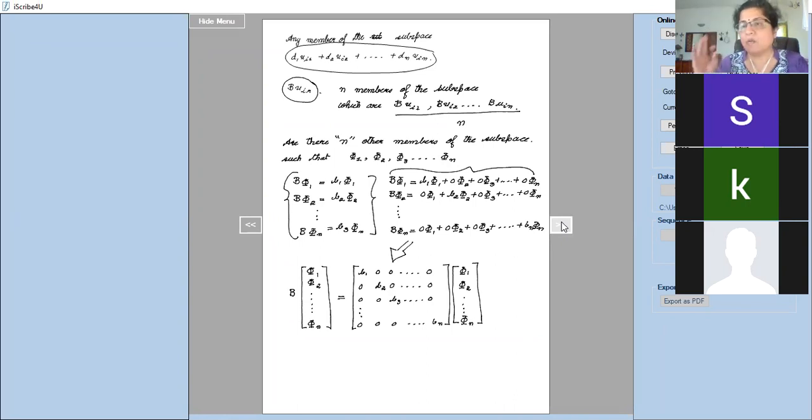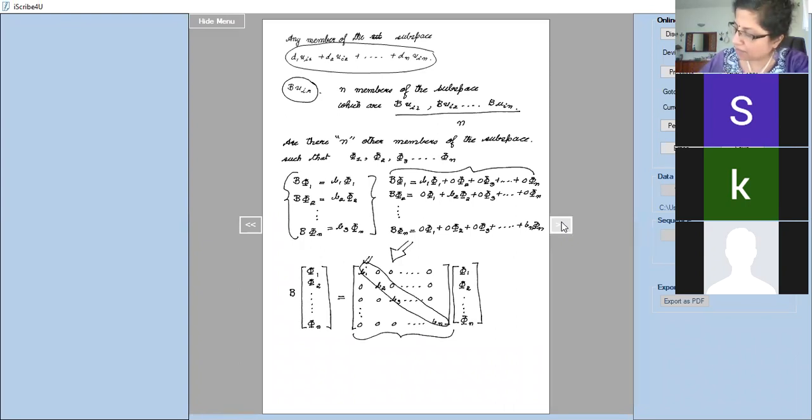Okay. What is the form of this matrix? What you will realize is that it is diagonal. What do I mean by diagonal? Only the leading diagonal members. Leading diagonal means starting from here.